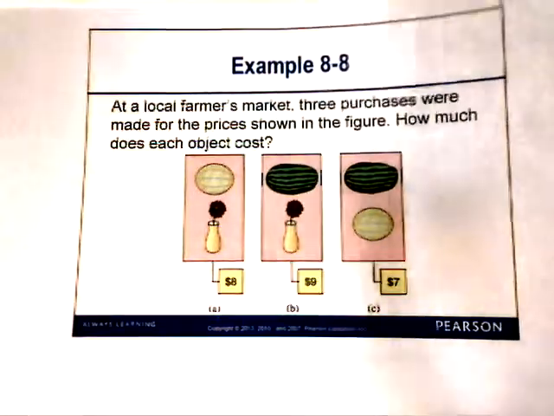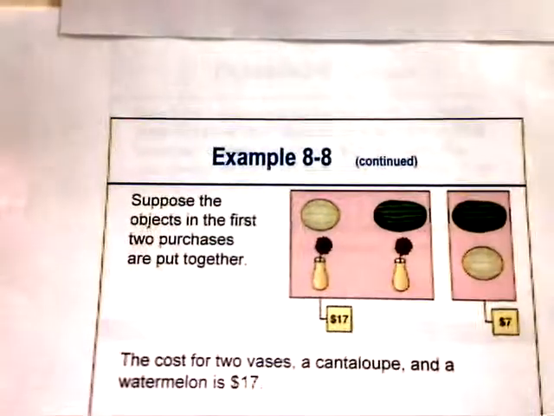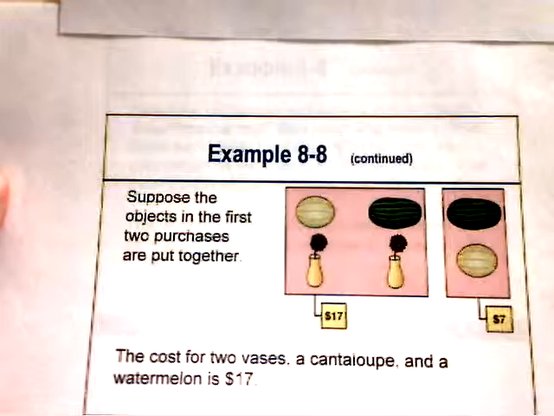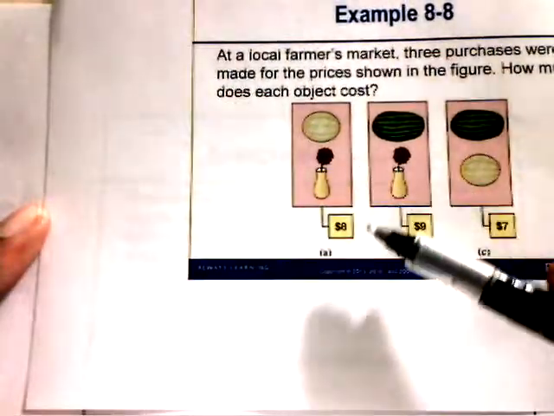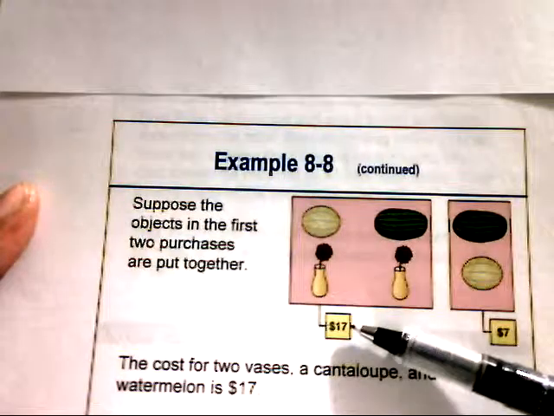Okay. Now here's how we're going to solve this particular problem. Let's suppose that the objects in the first 2 purchases are put together. Okay, so here, put these 2 together, you'll add 8 and 9, you'll get $17.